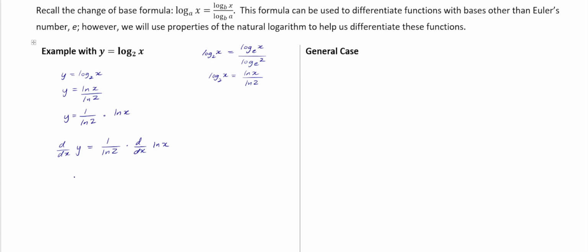The derivative of y with respect to x is just the first derivative. This over here is the constant multiplier. And I already know from past lessons that the derivative of the natural logarithm of x is simply equal to 1 over x. So I can rewrite this as follows: dy/dx is equal to 1 over x ln 2.